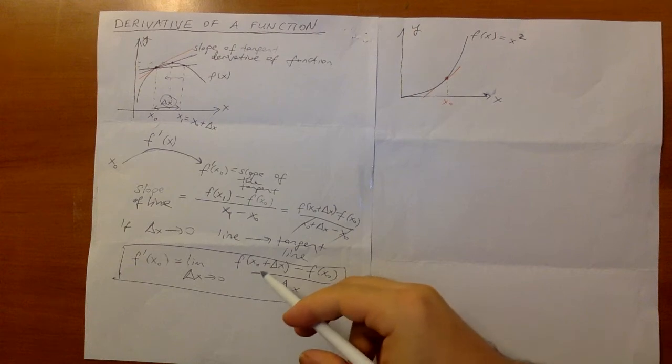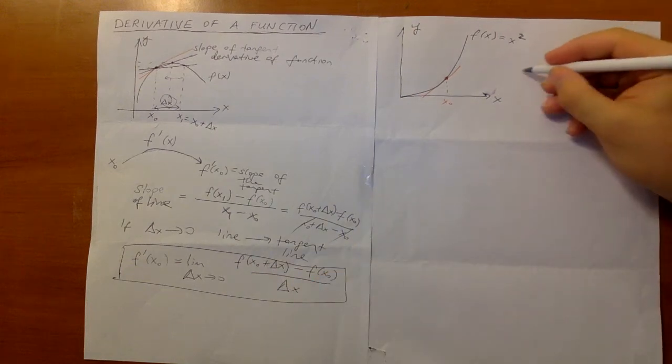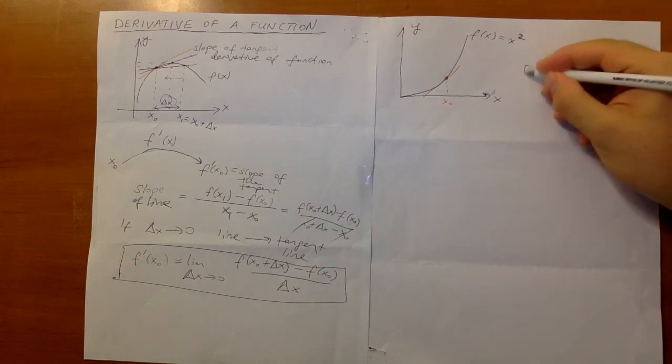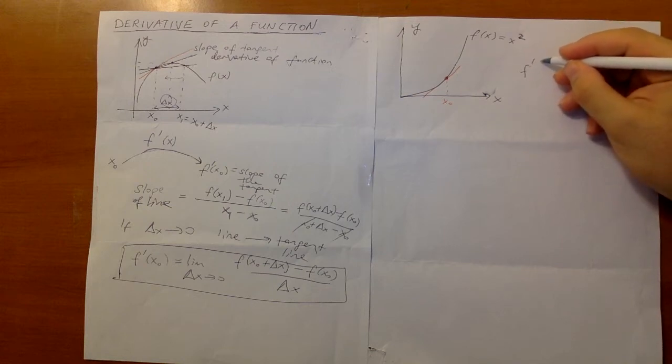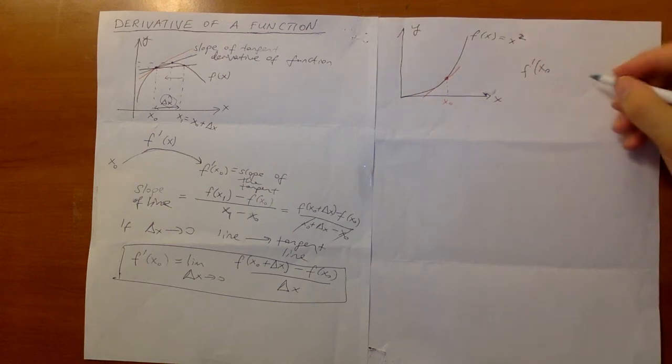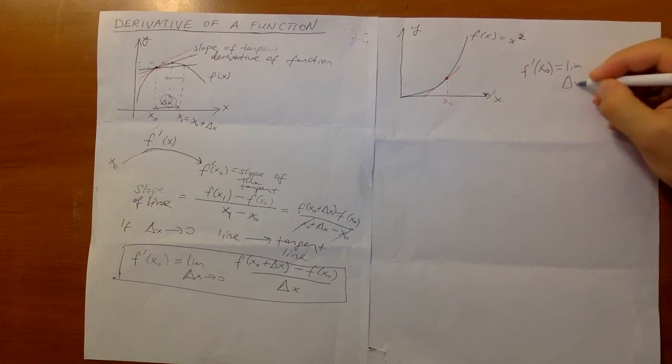Again, we try to estimate this value. So it's the f prime of x0, which is the limit as delta x goes to 0.